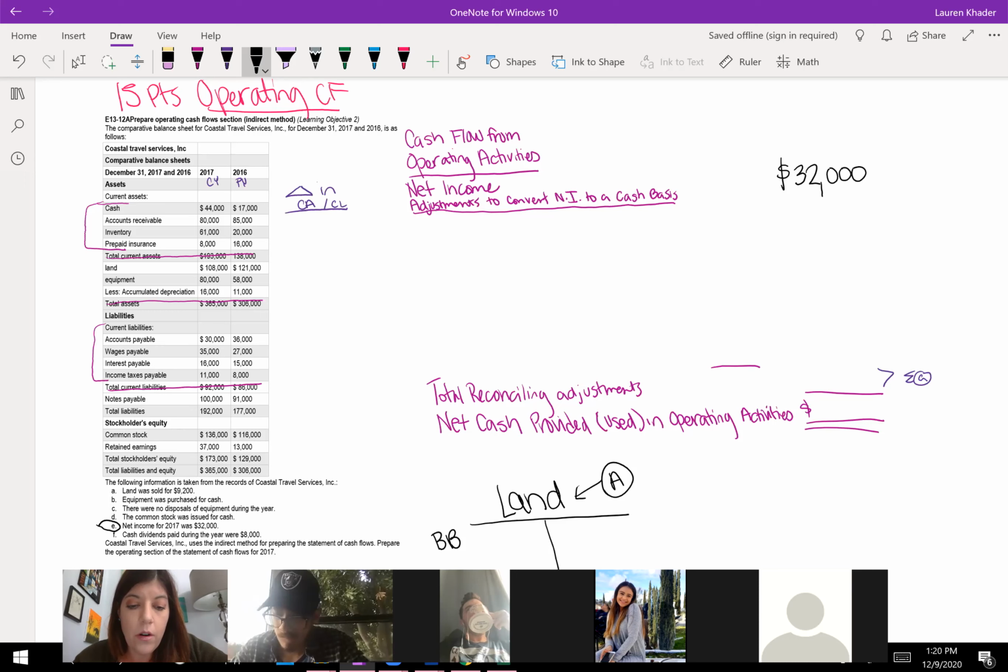I'm going to go in the order that it's given here, so not in the exact 3-step way. We'll include everything from the 3 steps, though. The very first thing that they want you to include is the gain or loss on sale. And they sold land during the period, so that's what we're going to start with.